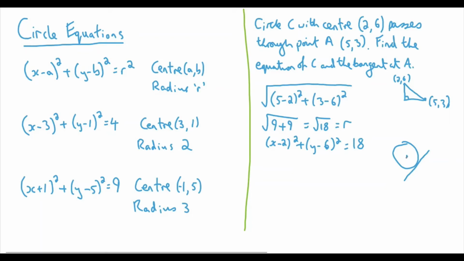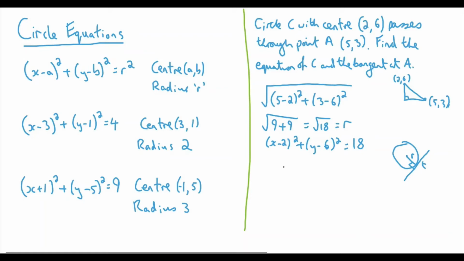If we were to just sketch on this radius that we just worked out, this hypotenuse of the right-angled triangle here, so that's the radius and that's your tangent. We know from our circle theorems, the tangent and the radius meet each other at a right angle.